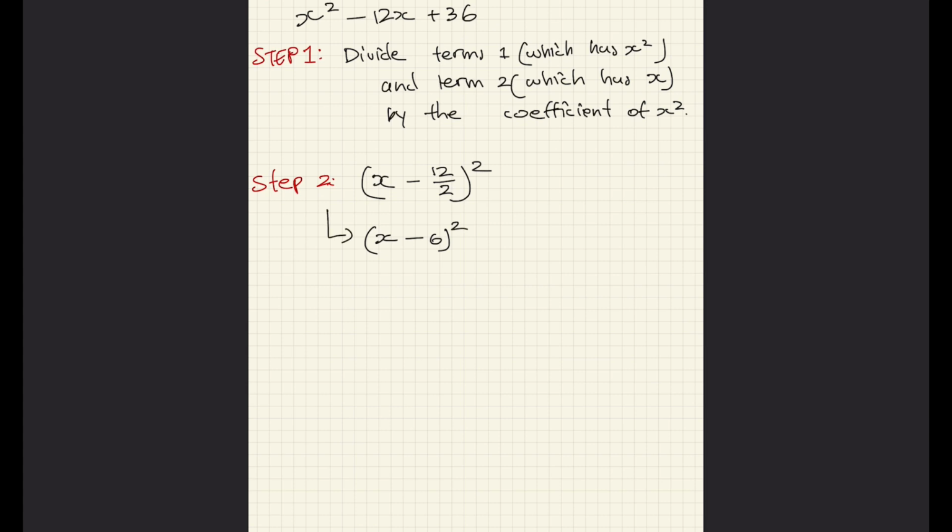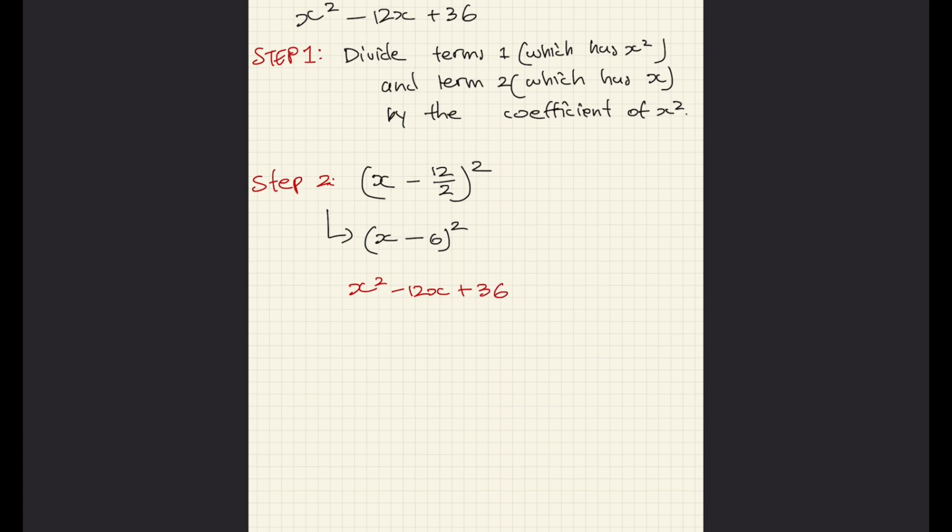Okay, but we haven't finished here. So x minus 6 squared, when expanded, gives us x squared minus 12x plus 36.